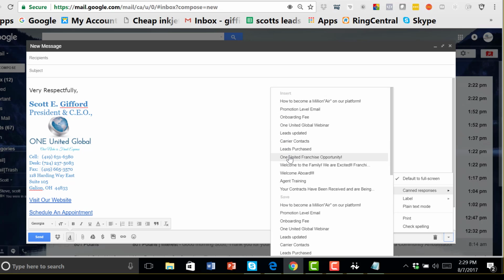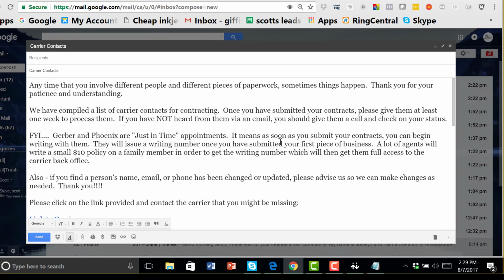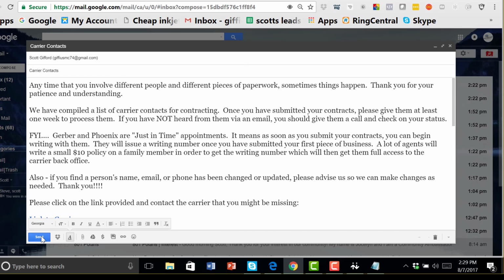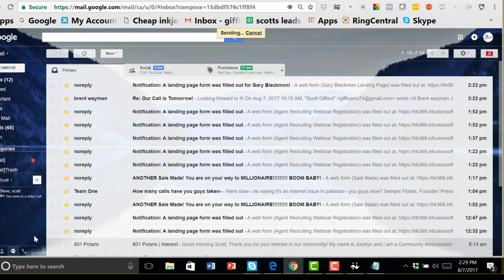If anybody has issues with their contracts, instead of sending the same thing over and over, I just click on there, and then I just plug in the person's name. I'll just do mine, and it automatically populates everything that I wanted to put in that email, and it's got a link to the carriers. So then when I send it, boom.